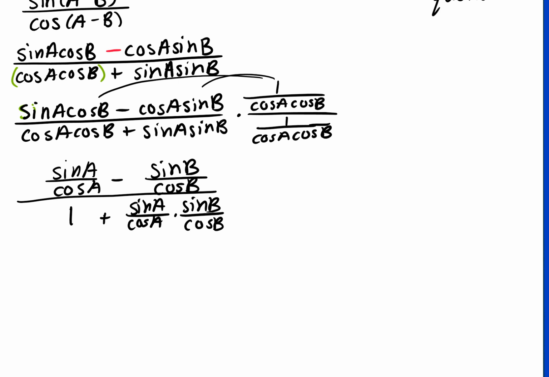If you feel like you need that other step, go back to the previous proof and add that into this one. And then we get tangent A minus tangent B over 1 plus tangent A tangent B.